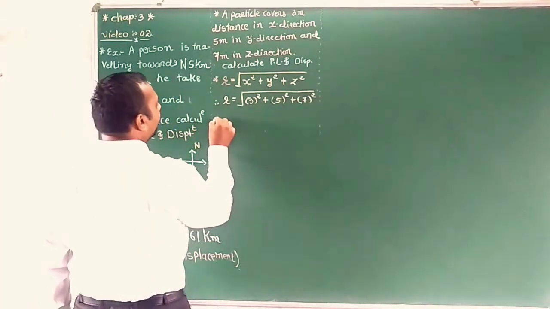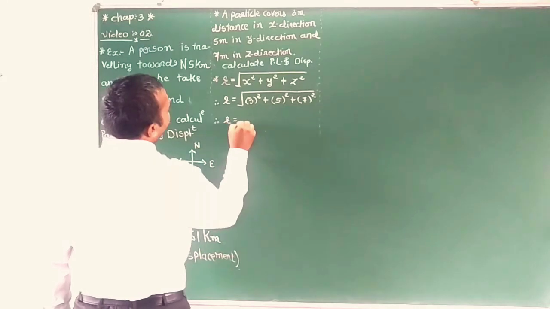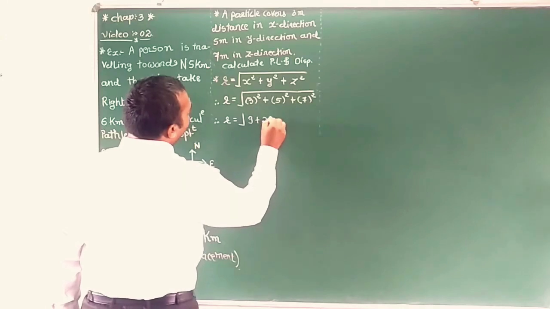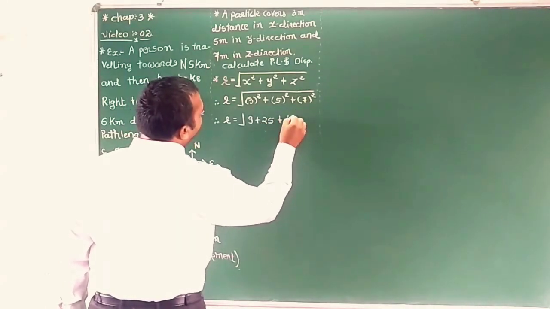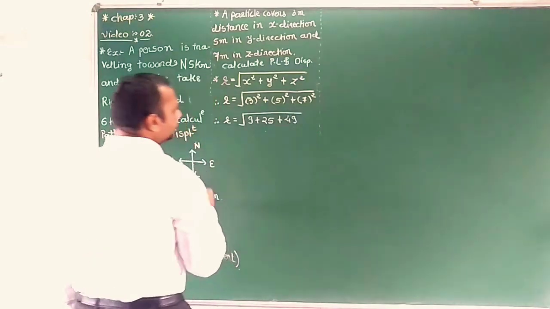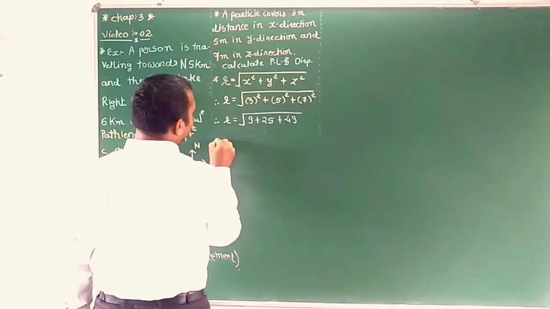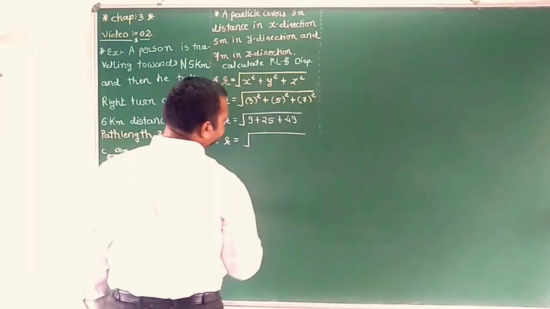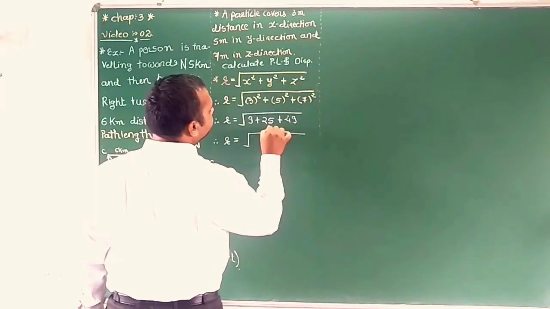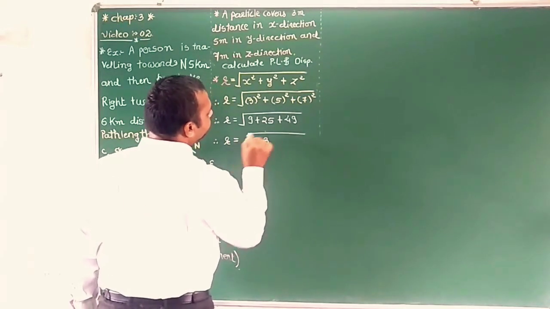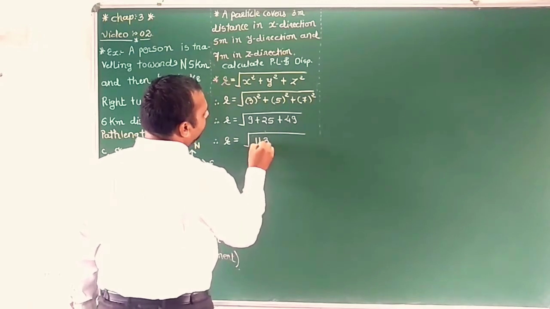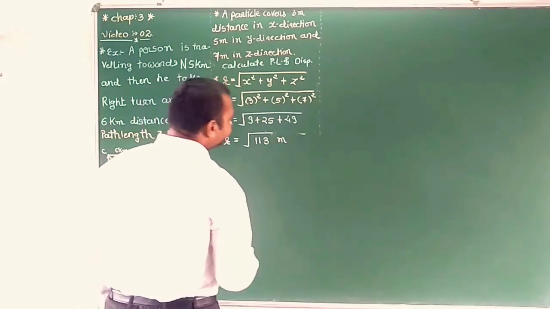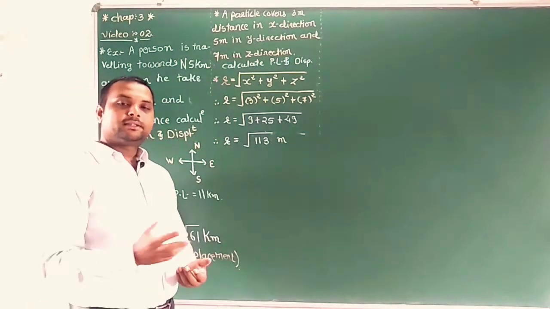Therefore r is equal to the square root of 9 plus 25 plus 49, that is r is equal to under root 113 almost, meter. Okay, what is the path length?